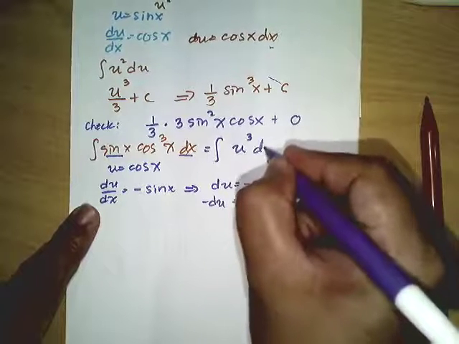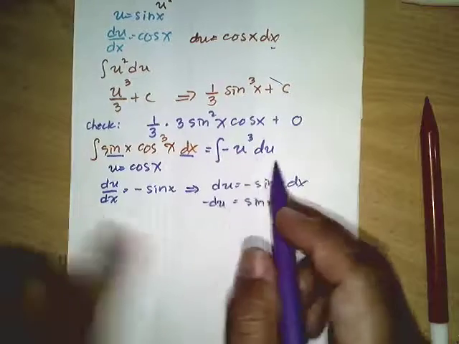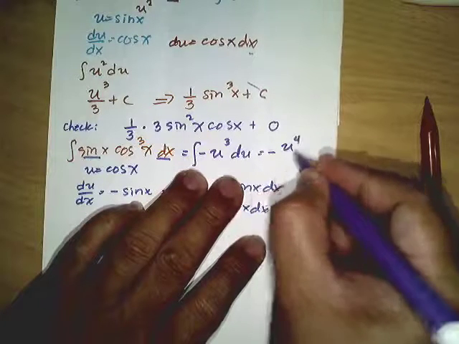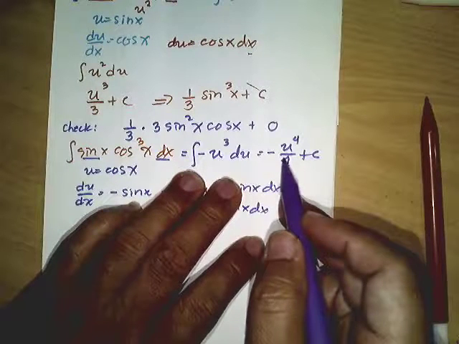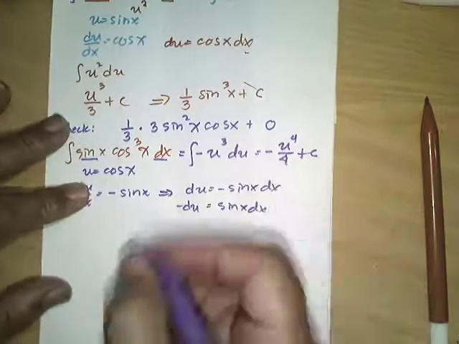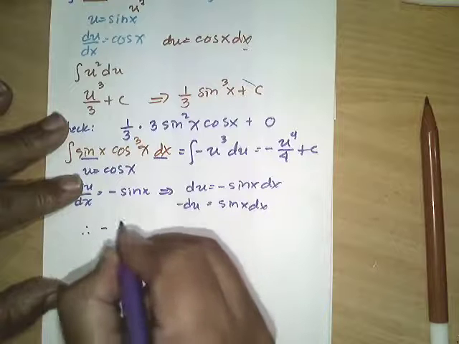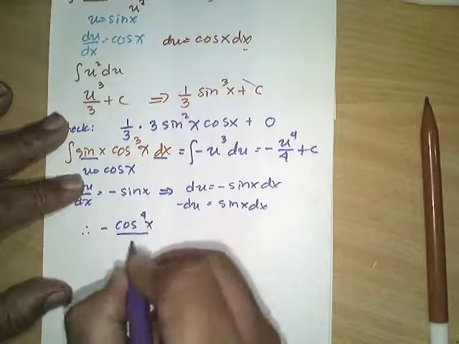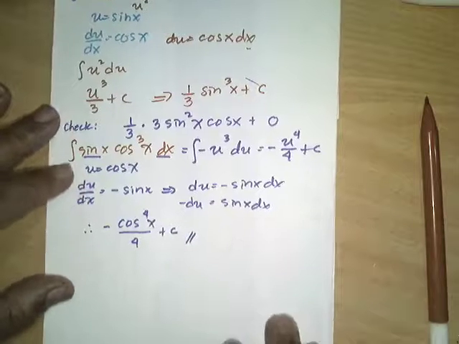We can now take the integral, and the integral of that is negative u to the 4 over 4 plus c. Now we plug back in our u. Therefore, our final answer is negative cosine to the 4th of x divided by 4 plus c. That is our final answer.